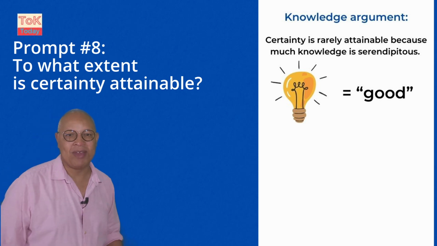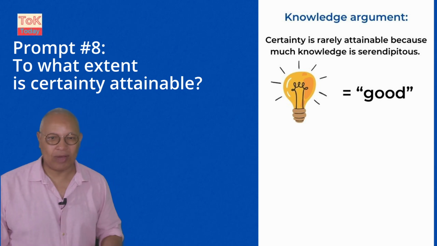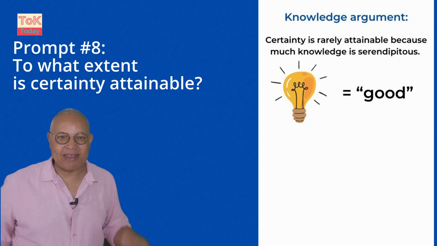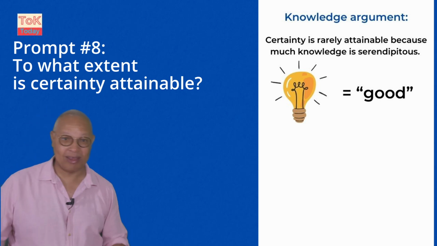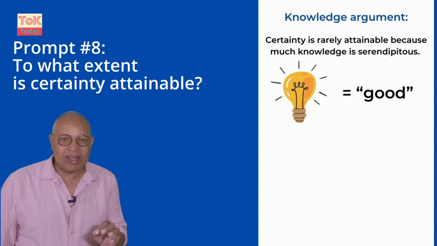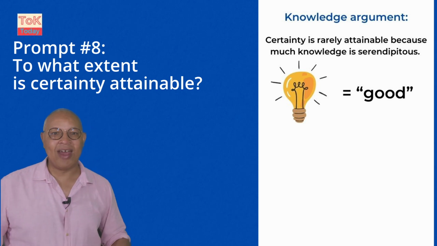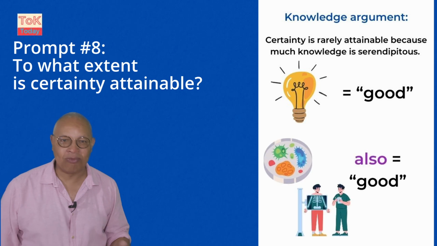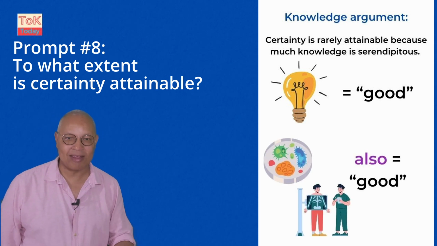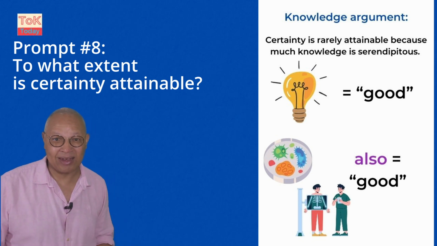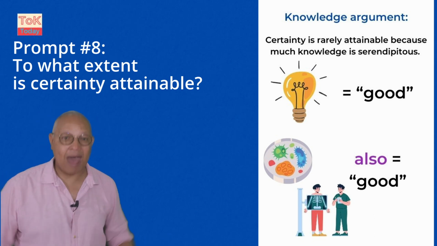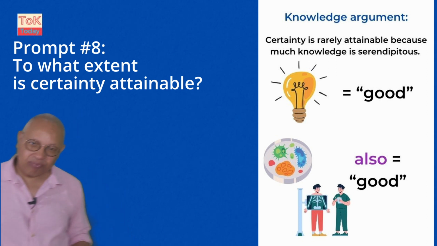The light bulb would be specific. It's the first one ever created. And its specificity demonstrates a knowledge argument. Some knowledge is created serendipitously. So it's a good object, but it's not a very good object, because other objects demonstrating serendipitous knowledge could also be used, such as Fleming's penicillin, or X-rays, or heparin, and so on and so on.